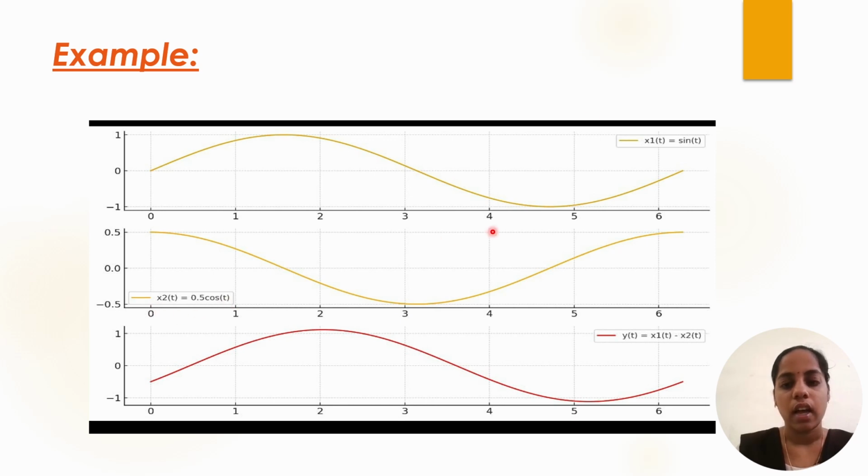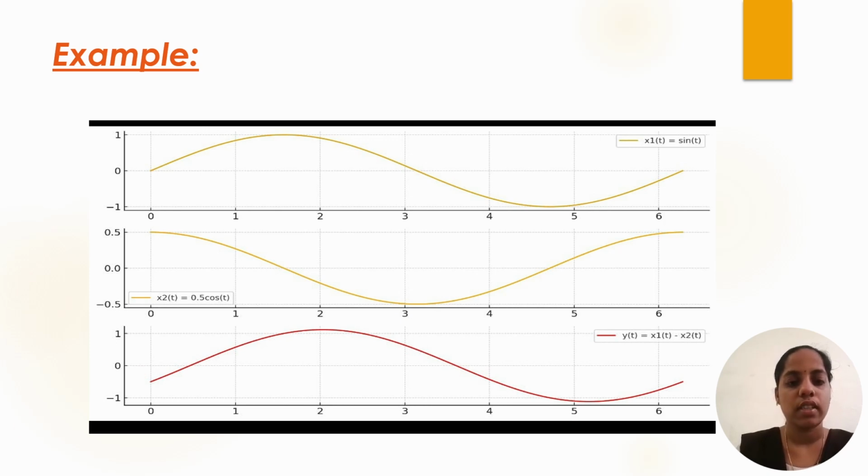We subtract x2 of t from x1 of t, sine t minus 0.5 cos t, and we get the signal like this: y of t equal to x1 of t minus x2 of t.